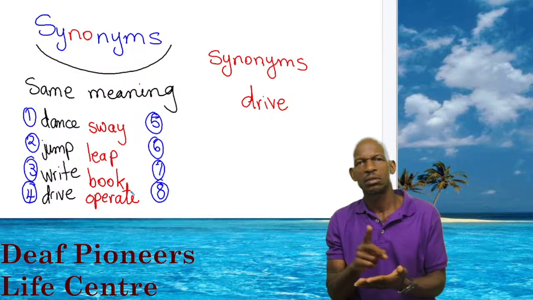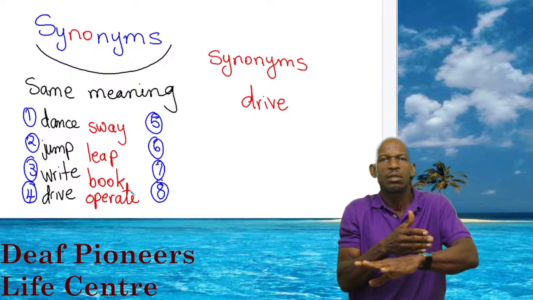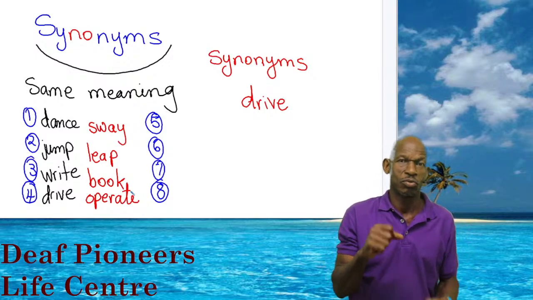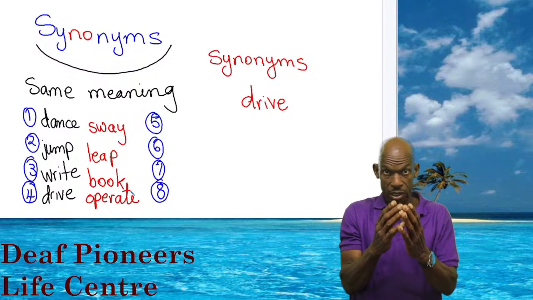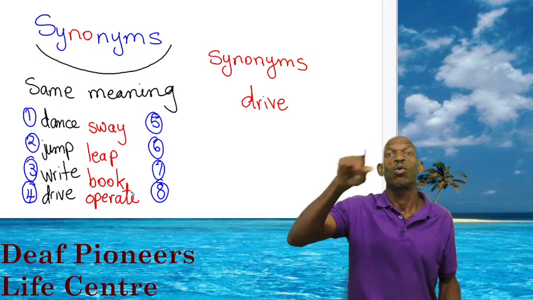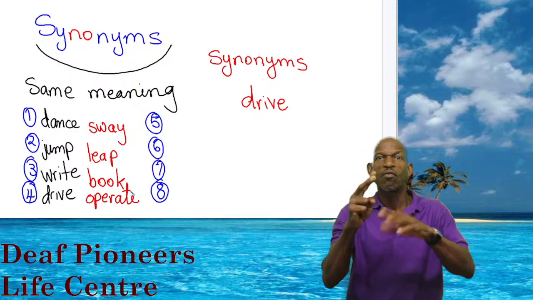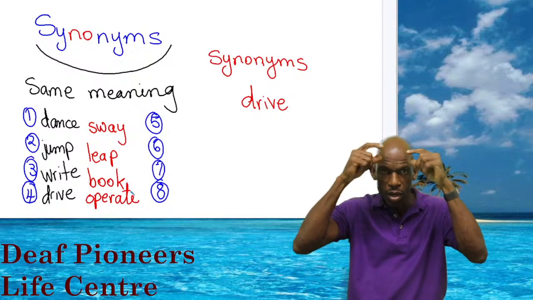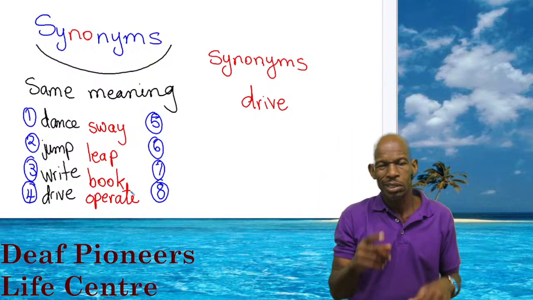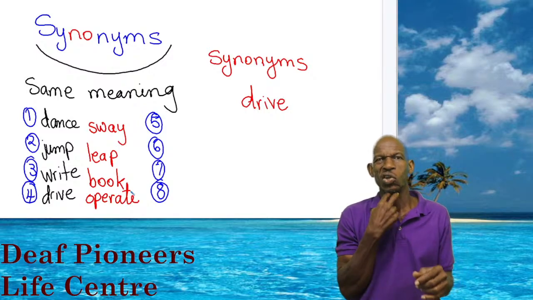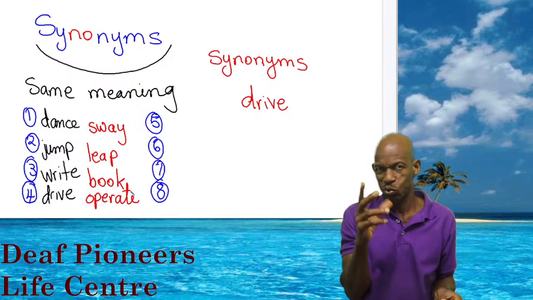So you need to improve your vocabulary. Part of the English class, especially as we move on to level 1 and further, is that you have to improve your vocabulary. This is vocabulary, your words and meanings. You cannot stay with these simple words. You need to improve your vocabulary so that as you read, you will understand.